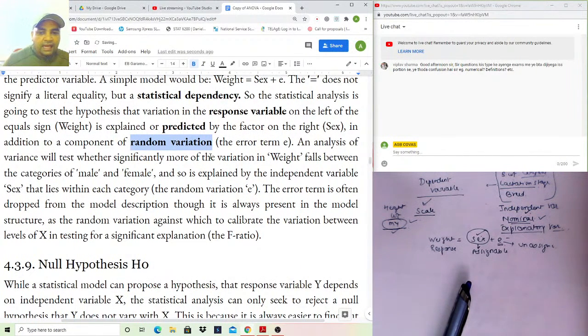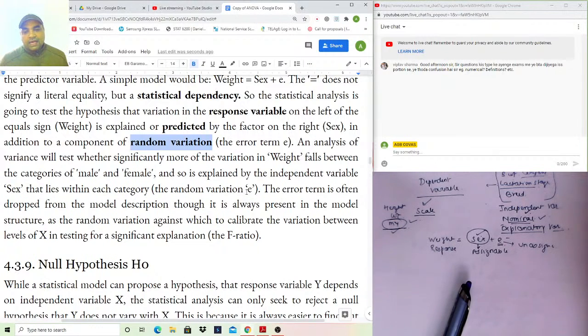An analysis of variance will test whether significantly more of the variation in weight falls between the categories of male and female, and so is explained by the independent variable sex, than lies within each category as random variation e. Males will have some variation within them, females will have some variation within them, and there is a variation between the male and female groups. If the between variation is greater than the within variation, then we can say that sex has a significant effect on the weight.